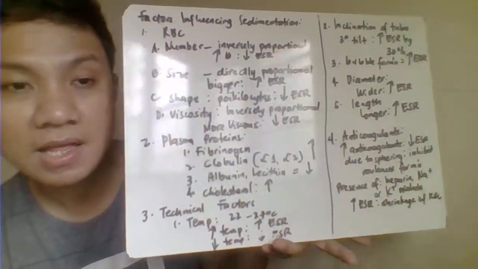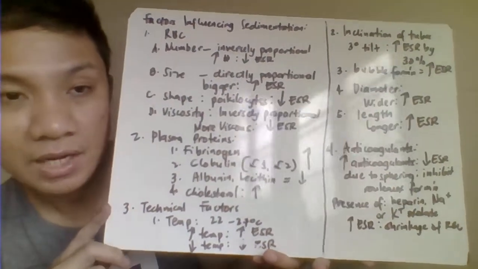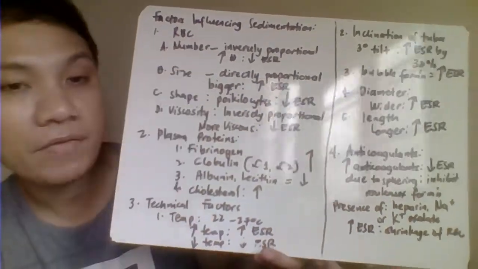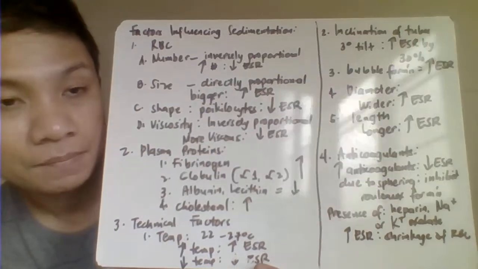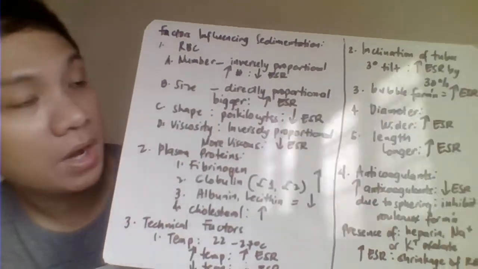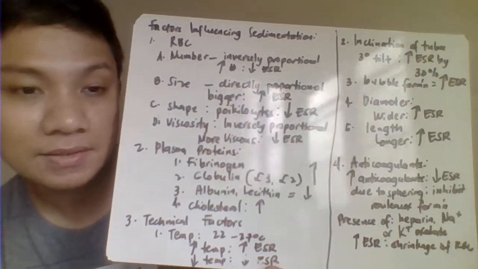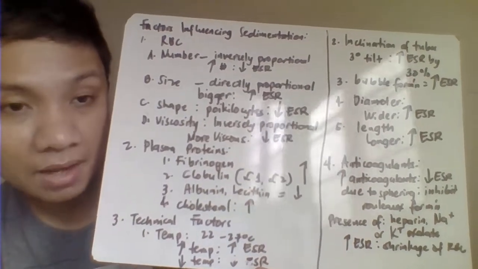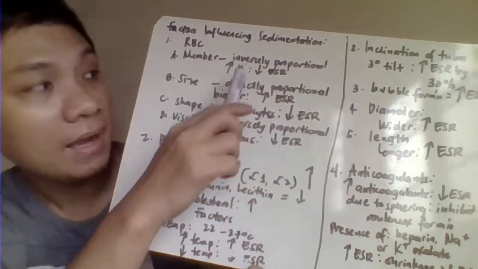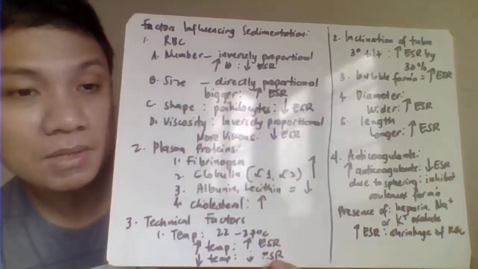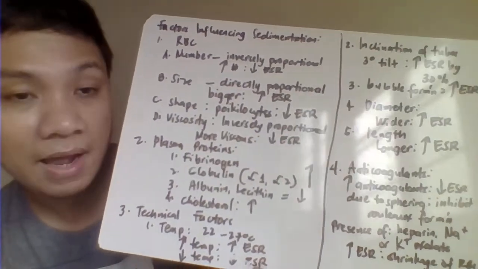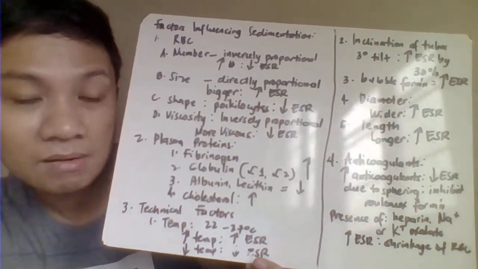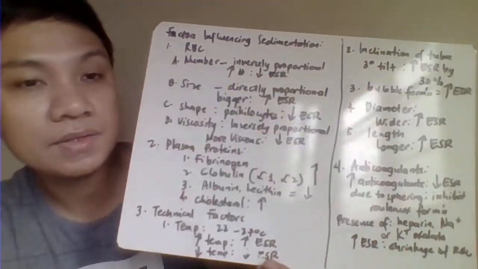Okay, we have here the different factors that determine the result of our ESR. The first one is the RBC factor. The first is the number. The number of RBCs is inversely proportional to the ESR result. Meaning to say, pag madaming RBC, like in polycythemia vera, since madami sila, mahirapan silang bumaba, therefore decreasing the ESR result.